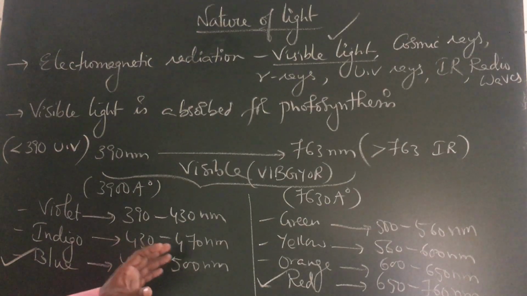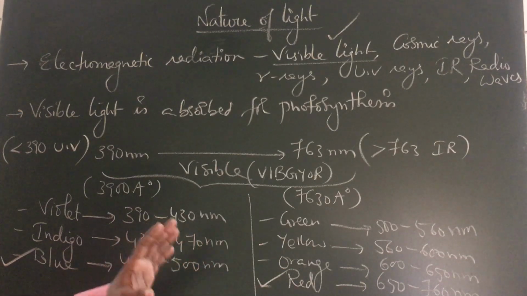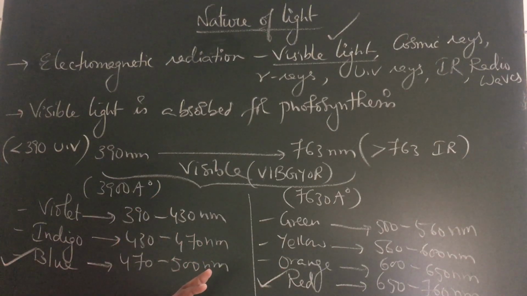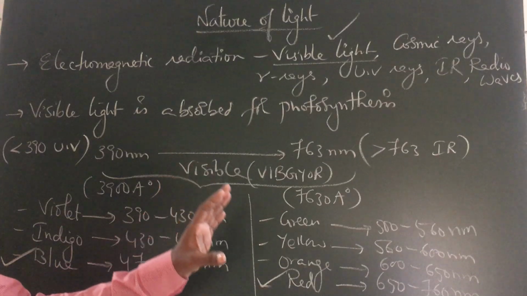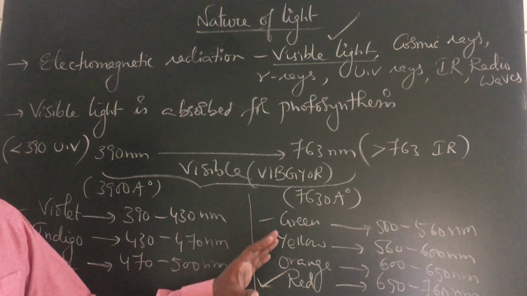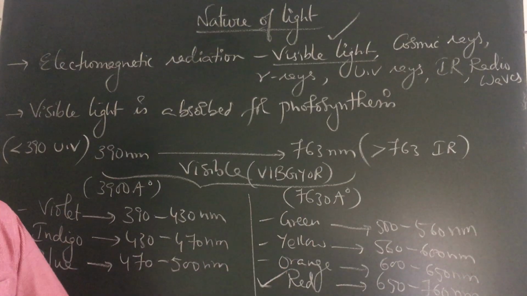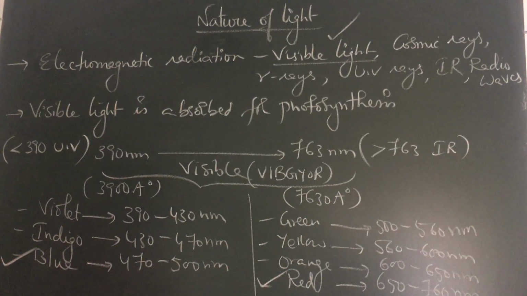Greater than 700, or 760, there is a sharp decrease in the rate of photosynthesis. Such energy is insufficient for photosynthesis. Greater than 700 is called red drop. So what is red drop?